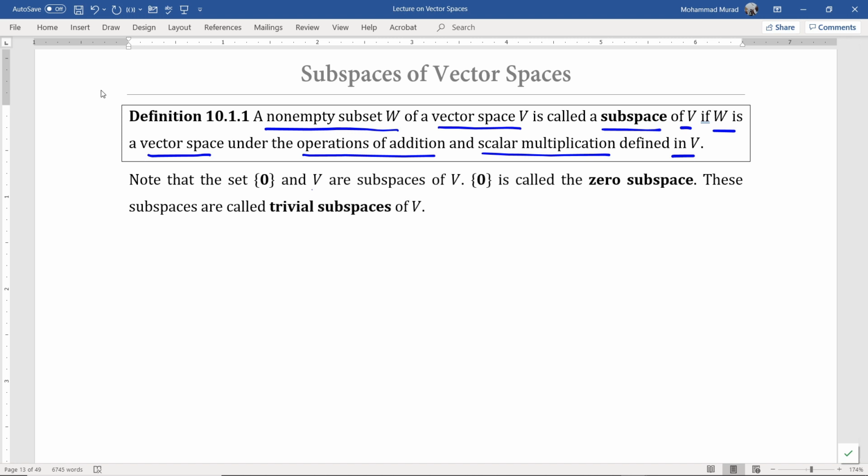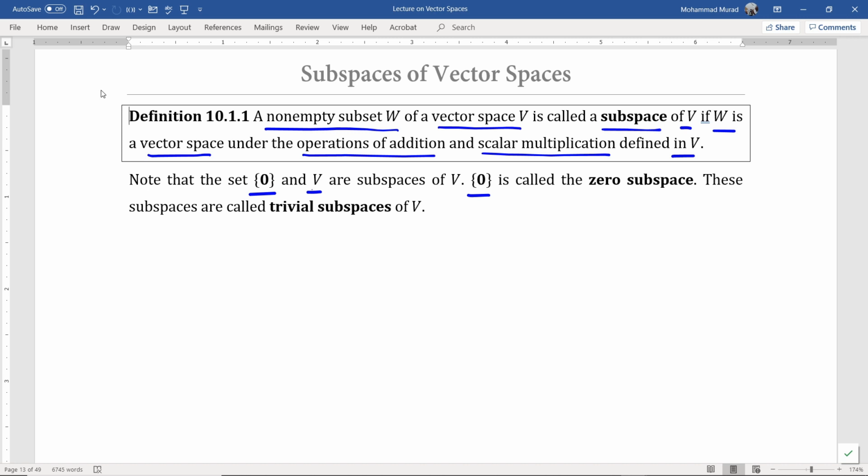We note that the set containing the zero vector only is a subset of the vector space V, and the set V is also a subset of the vector space V. It can be shown that the set containing the zero vector only is a vector space.